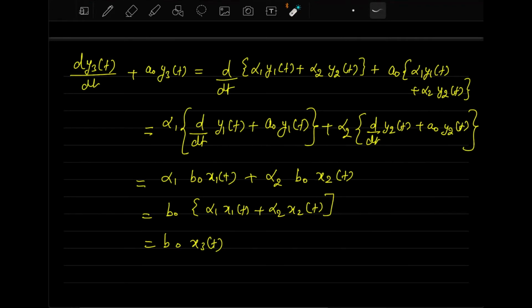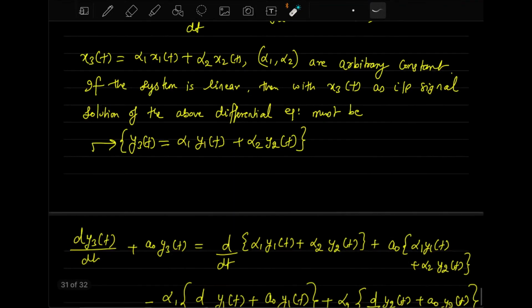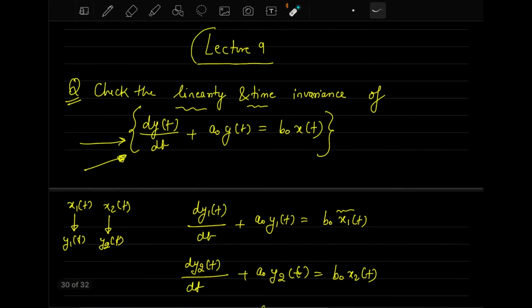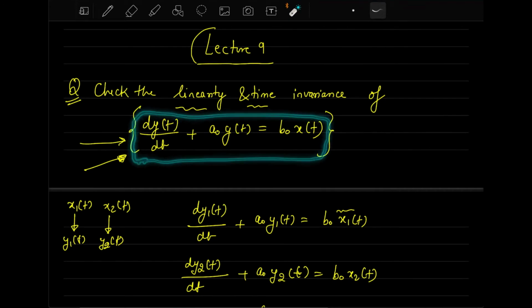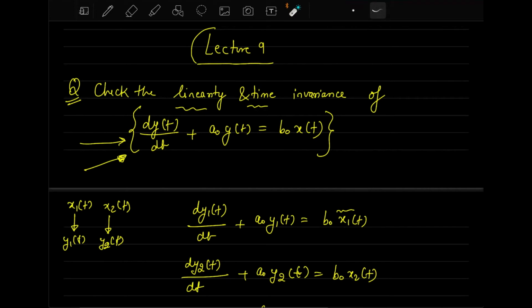So now you can see, when you apply excitation x3(t) as the input to the system, correspondingly you will have this over here. So there is linearity involved. You can say that the differential equation we are considering here is indeed linear, because it satisfies the linearity property which we have just shown.